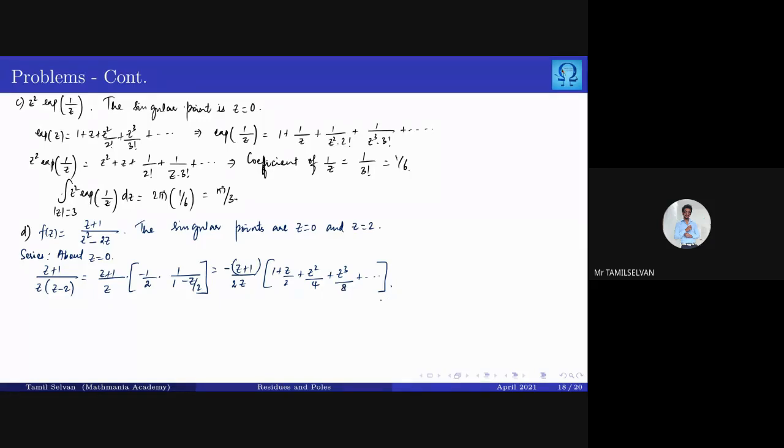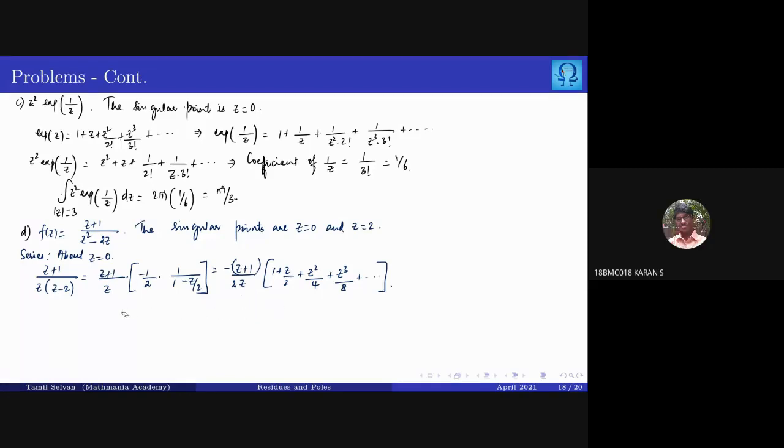That is z upon 2 whole squared, whole cube. It is in the form of 1 upon 1 minus z. This is 1 plus z plus z squared plus z cube plus etc. In the place of z, we have z upon 2. That's it. Is that clear?